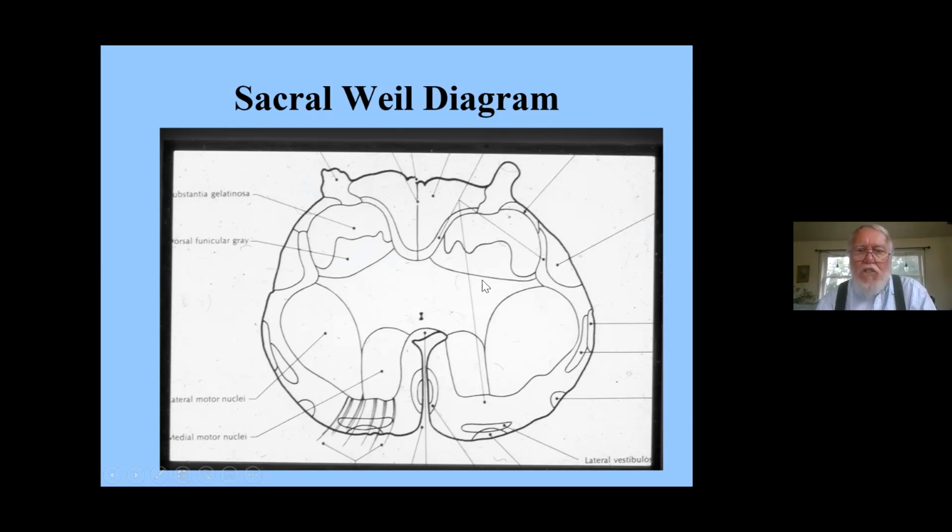So what should we be able to see in projections? Number one, we see the fasciculus gracilis, and it's only the fasciculus gracilis. Why? Because we're so caudal in the cord, nothing else is added in.